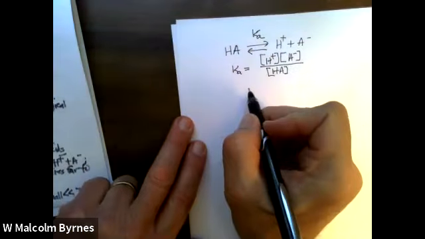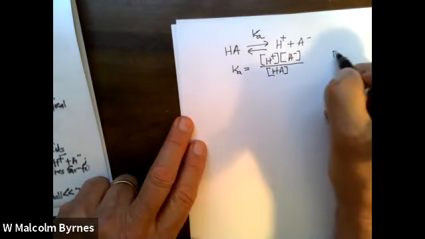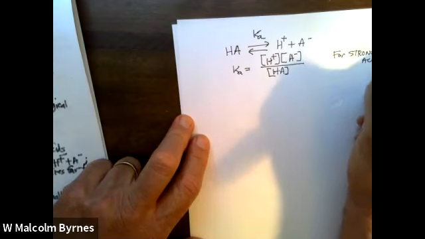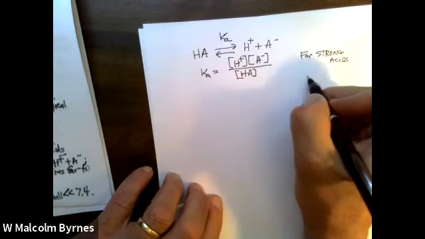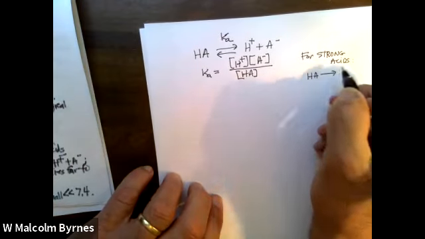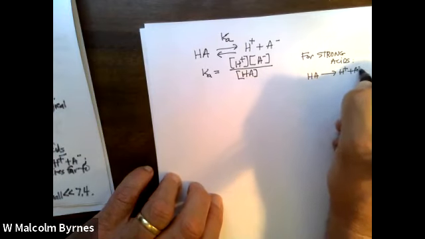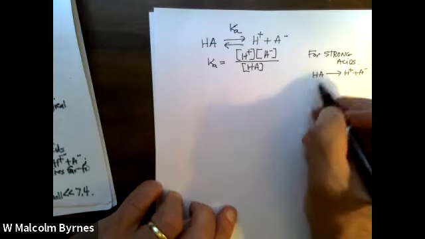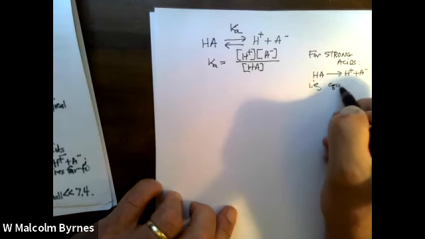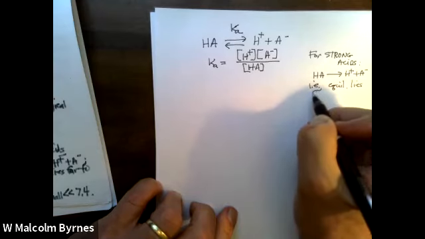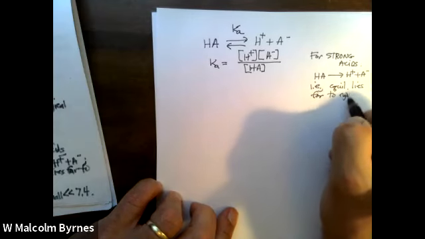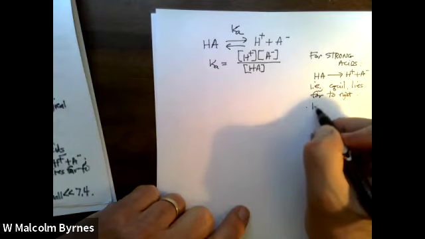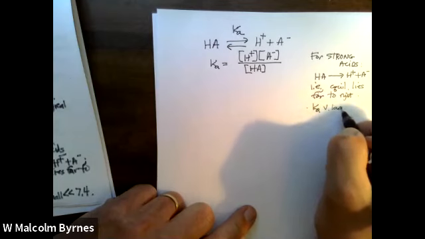Okay. And for strong acids, this HA pretty much ionizes completely. So this lies far to the right, i.e. equilibrium lies far to the right. Okay, what does that mean? Ka is very large.